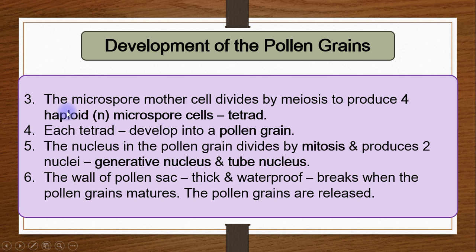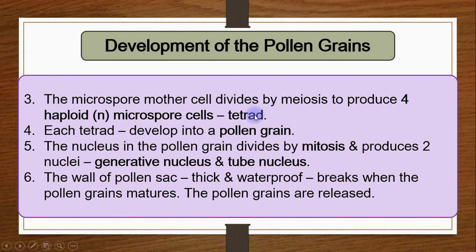Why haploid? Because the mother cell carries out meiosis to produce four haploid microspore cells, called a tetrad.